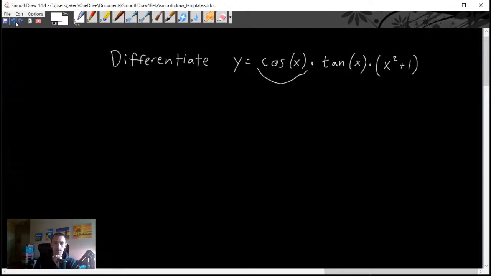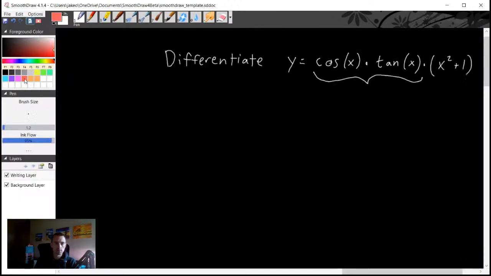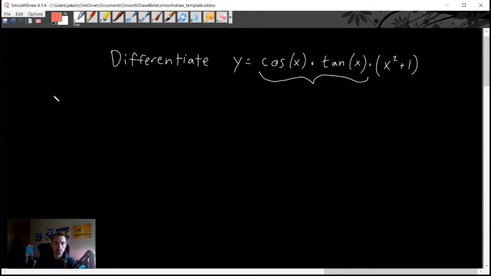Cosine of x times tan of x, specifically, let's think about that little chunk of it. Think about what tan of x is. Tangent of x can be rewritten as sine of x over cosine of x.